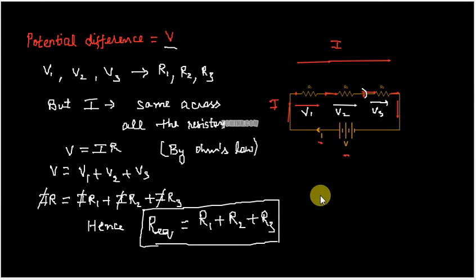Hence, the equivalent resistance increases. So if you want to increase the resistance of a circuit, to control the amount of current flowing, if we want a lesser amount of current to flow through a circuit, we would connect all of them in series, and that would increase the overall resistance of the circuit.